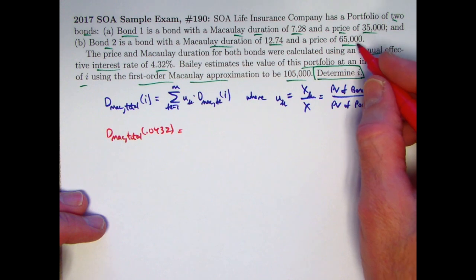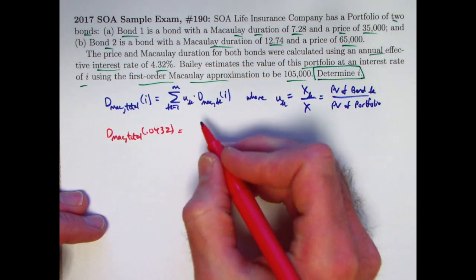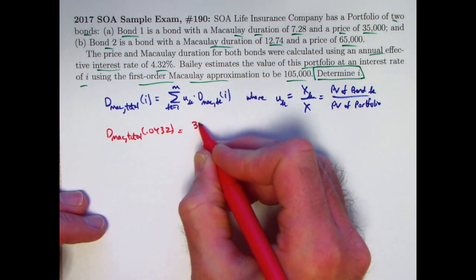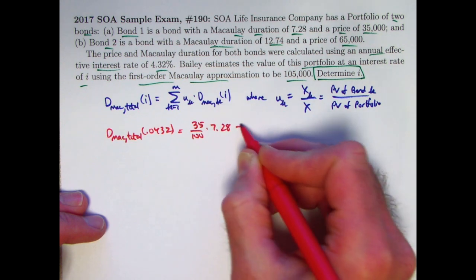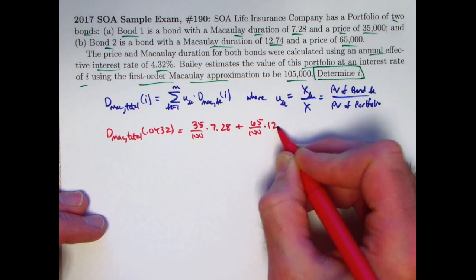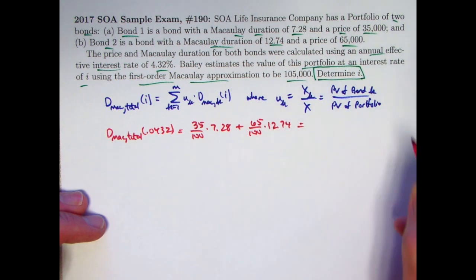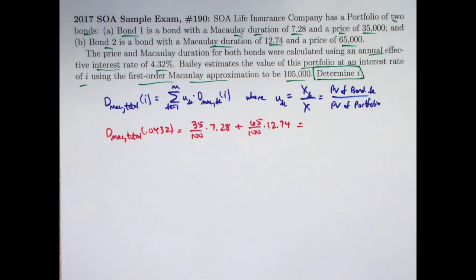And the second weight, U2, would be 65,000 divided by 100,000. Let me just use units of thousands. So that's going to be 35 divided by 100 times 7.28 plus 65 divided by 100 times 12.74. Since the one with the longer duration has the higher price, that's going to have more weight in the total calculation for the total duration.